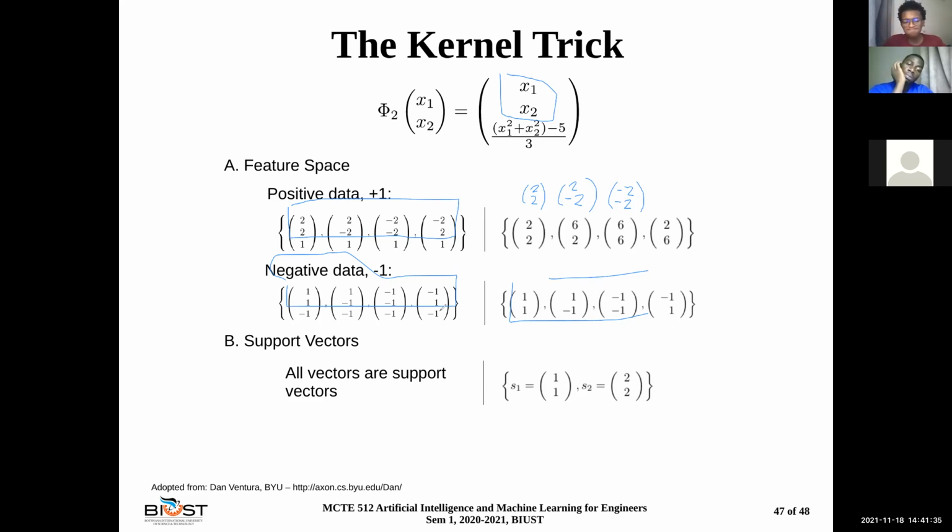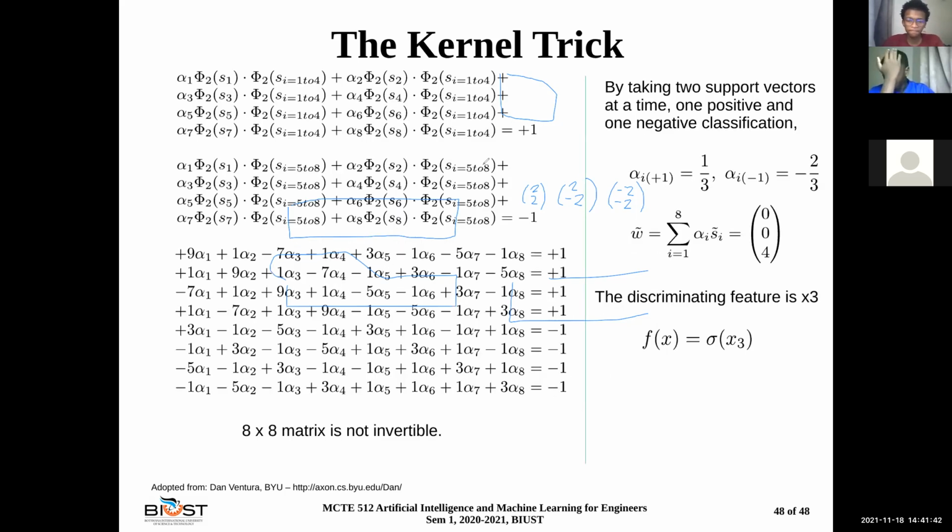So support vectors, let's just say all of these are support vectors. Now let's compute. We copy the same thing. Alpha, up to how many support vectors you have. You have 4 support vectors, 1 to 4.